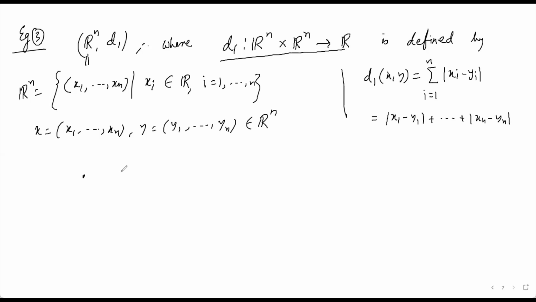So for any real numbers xi and yi, consider xi minus yi, the absolute value of this. So xi and yi are real numbers, so xi minus yi is also real. The absolute value of any real number is greater than or equal to 0.